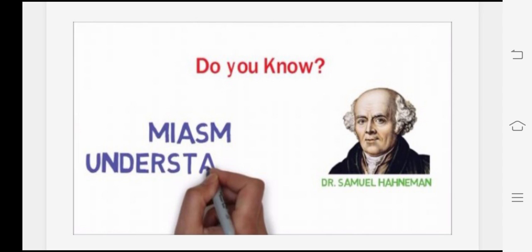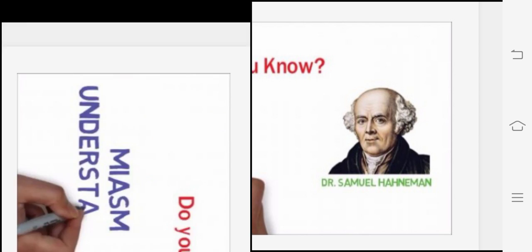So these are the two special types of miasm, half spiritual miasm and half acute miasm. This can rarely be asked for a 2 mark question, otherwise they don't have any importance.